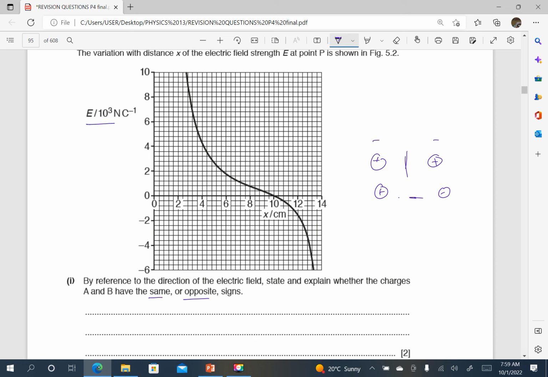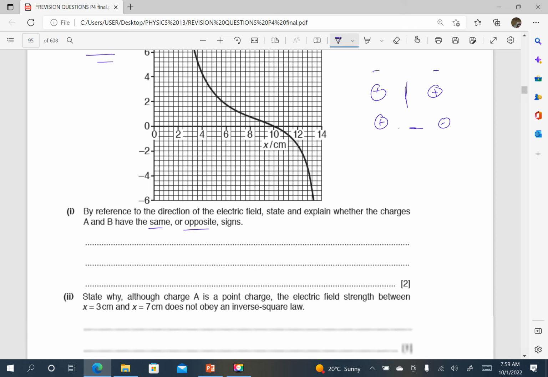On this graph, you are seeing that there is a point where E becomes 0, so they are most likely going to be the same sign. So we shall say they have same signs.